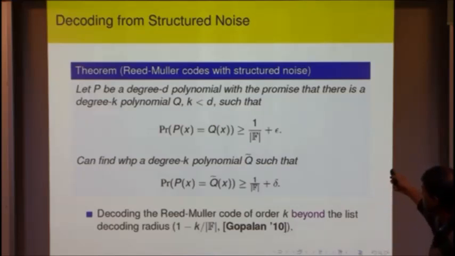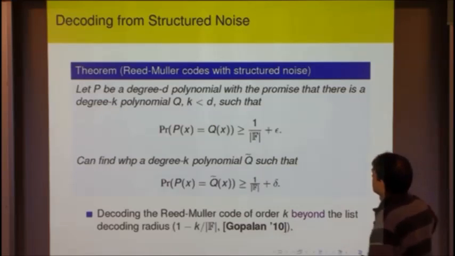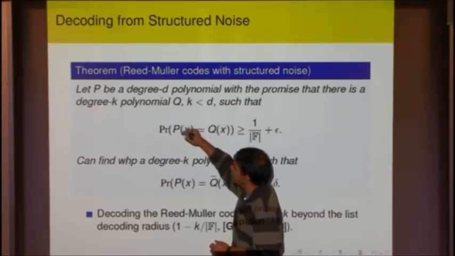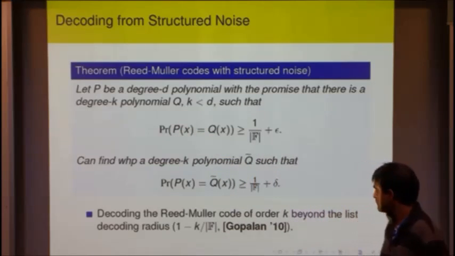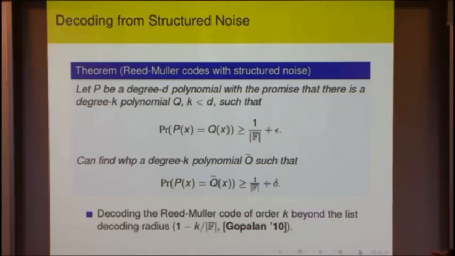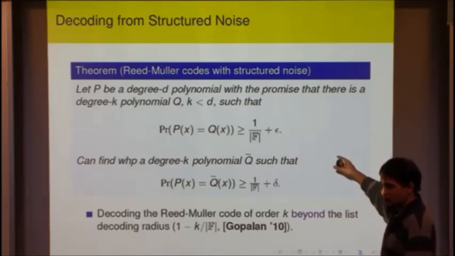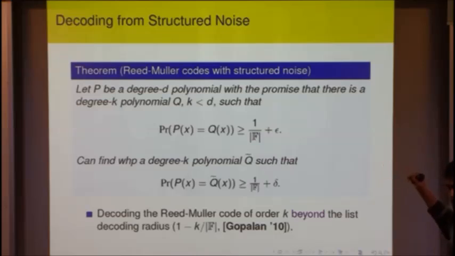And the running time of this algorithm is n to the d, where d is the degree of P. There could be an algorithm which runs in n to the k, but we don't have one.